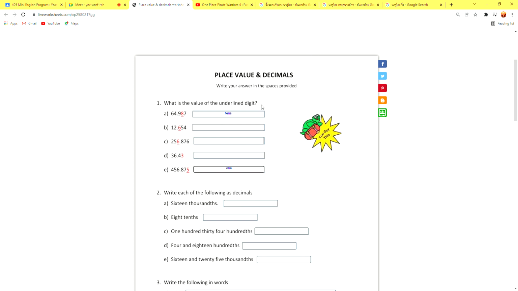Yes, Sophia. 100. Because this one is in decimal. You're not going to write TH if it's in the whole number. Whole number, of course. There is a difference. You see the place value that I let you copy yesterday.